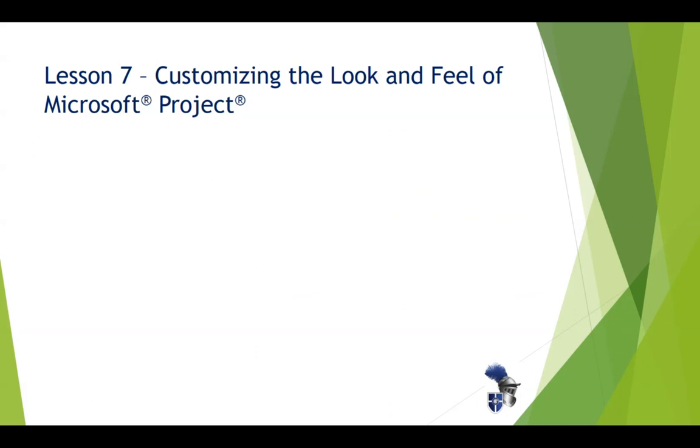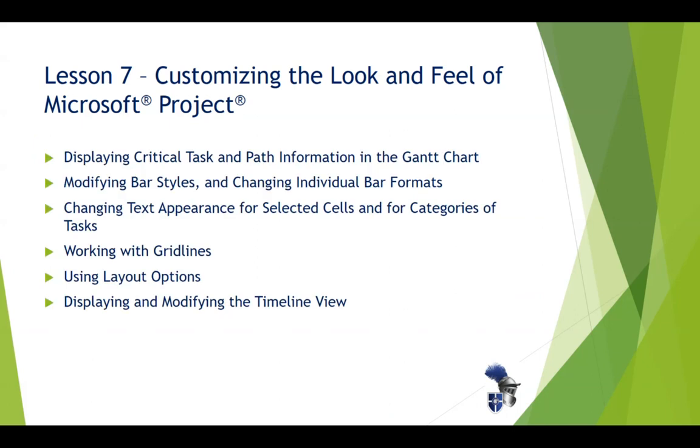What we're going to look at in particular is how we can work within the Gantt chart, looking at the bars in the Gantt chart, how we can display, for example, information about what tasks are critical and what the paths leading up to a particular task are and moving on from a particular task.